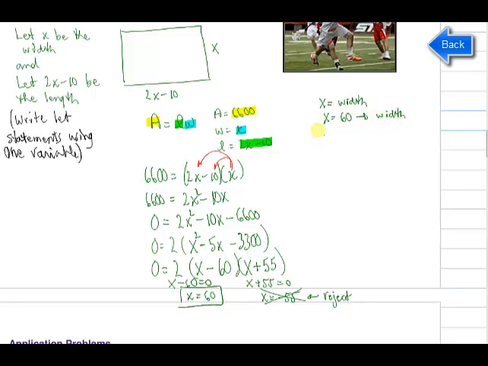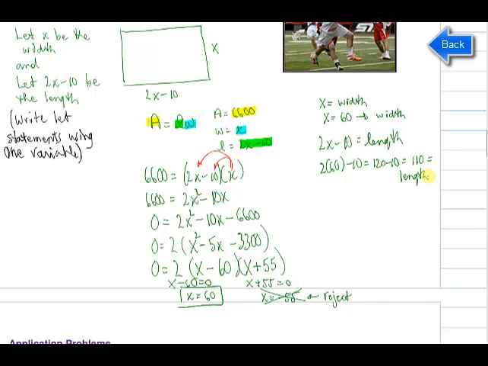We know, according to our let statements, that 2x minus 10 is equal to the length. And so 2 times 60 minus 10, which is 120 minus 10, which is equal to 110, is the length.